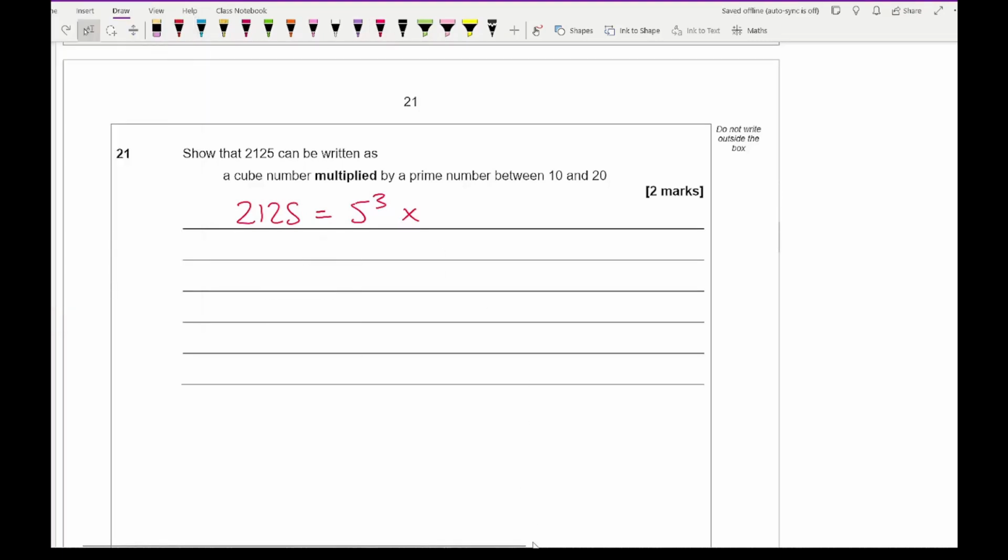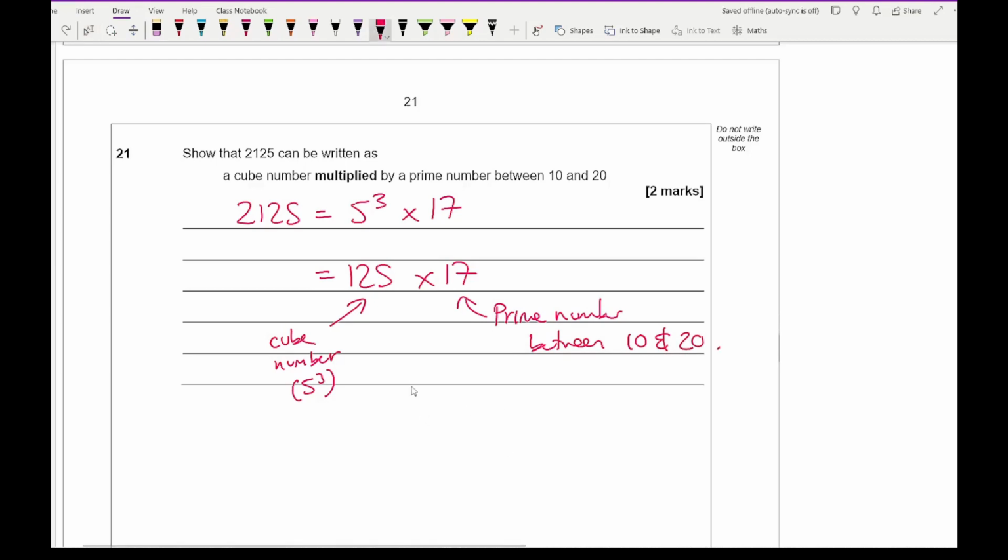Yes, it was. So here we've got 125 times 17. So 125 is a cube number, as it's 5 cubed. And 17 is a prime number between 10 and 20. And there you go.